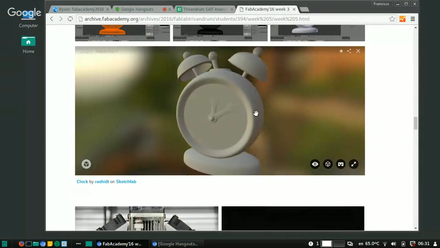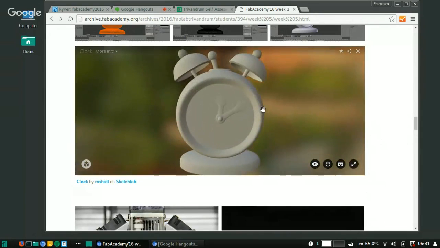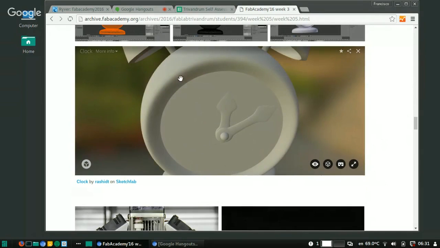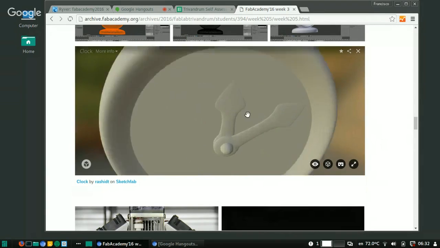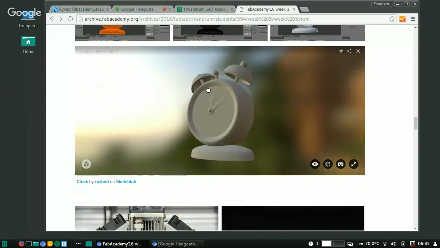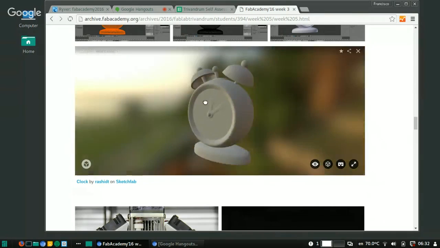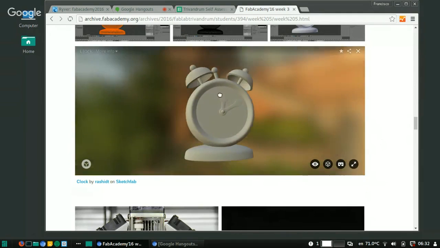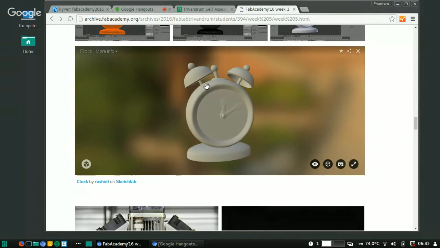And this something is that the printer cannot print on air. It needs support material. So this is not a good design for making it in one go.